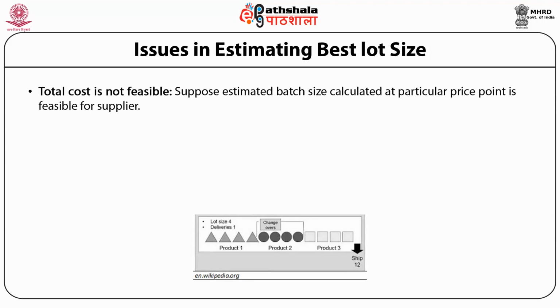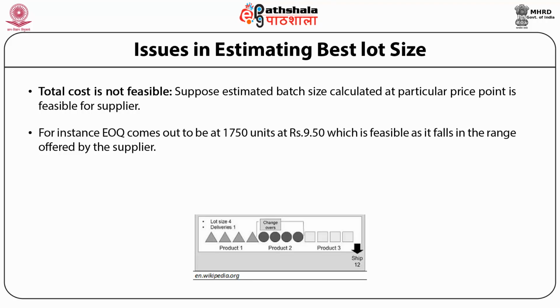2. Total cost is not lowest. Suppose estimated batch size calculated at particular price point is feasible for supplier. For instance, EOQ comes out to be at 1750 units at rupees 9.50, which is feasible as it falls in the range offered by the supplier.